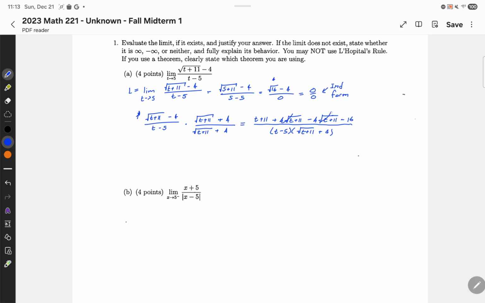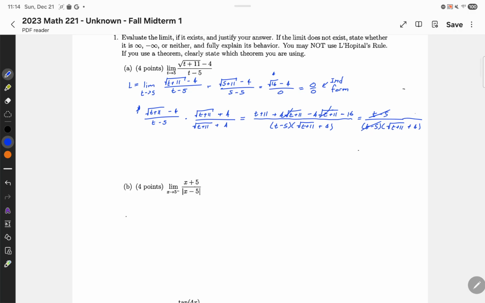On the top, these two terms are going to cancel, and after simplifying, we're going to be left with t minus 5. That's going to be over t minus 5 times the square root of t plus 11 plus 4, just like that. And we can cancel out these two terms. We're just going to be left with 1 over the square root of t plus 11 plus 4.